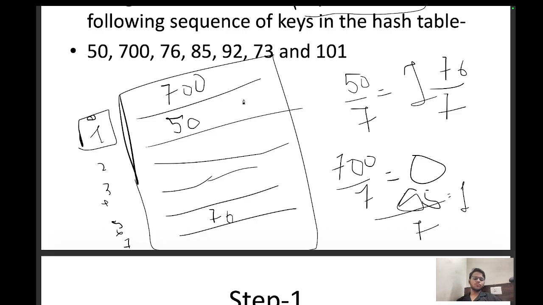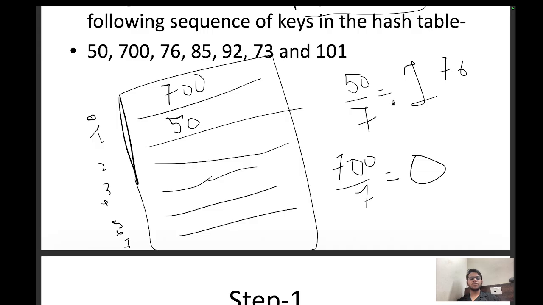So now we have to make a separate array like this, and we store 85 here. This solves the problem of collision. I'm not taking all the other elements because it is very easy: you just divide the element by the hash function and place it in the table.